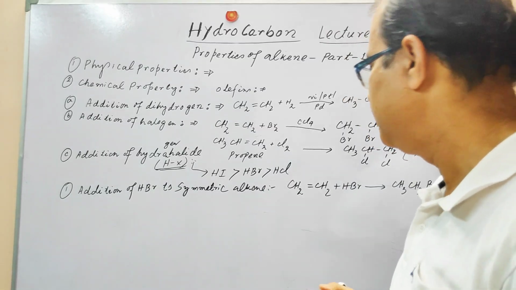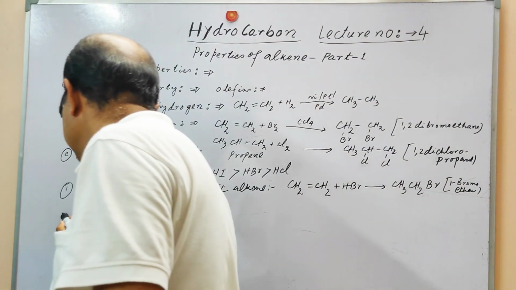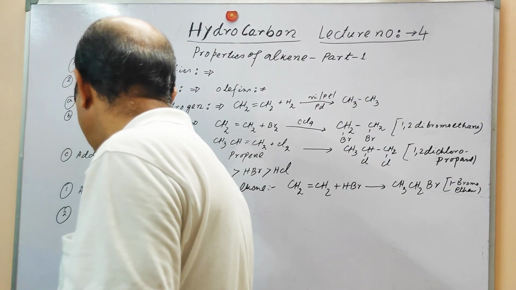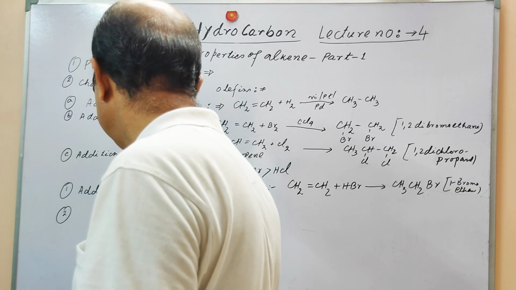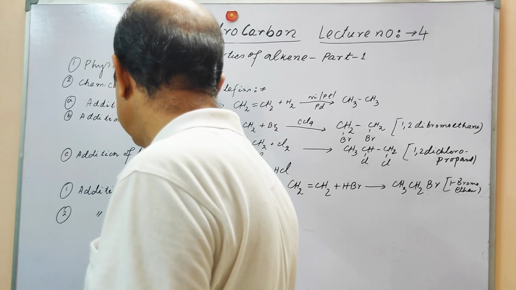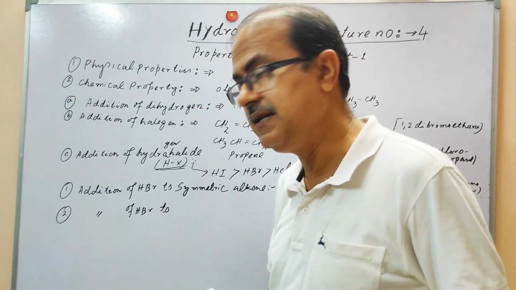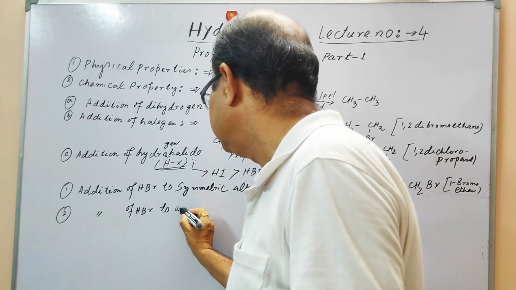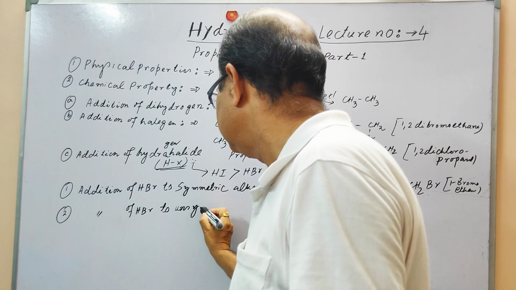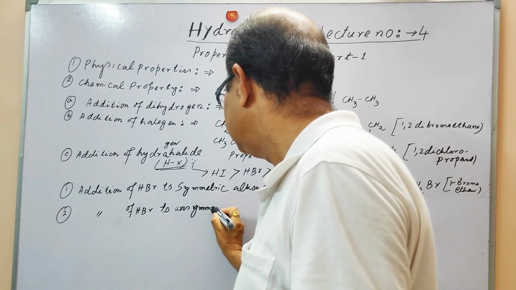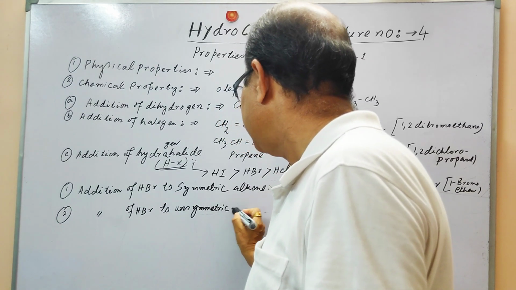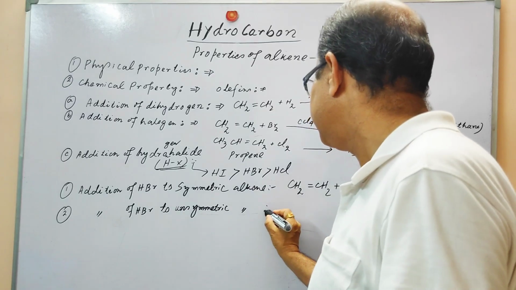I think everyone understands. Now we are going to discuss the addition of HBr, the same HBr, to an unsymmetric alkene. And unsymmetric alkene, what is that? Let us understand.